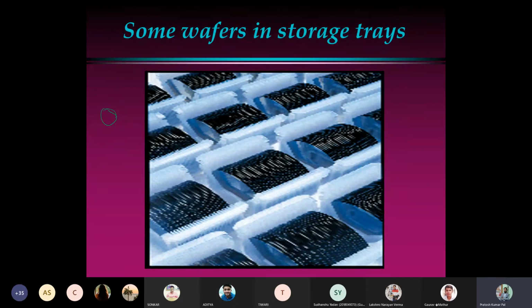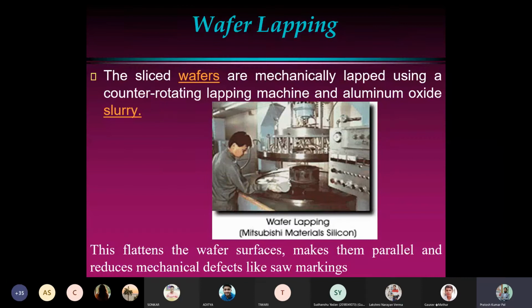One of the steps is wafer lapping. In the wafer lapping process, suppose an ingot is there, a cylindrical structure, and we have cut a wafer from it by using a diamond saw, a blade-like structure pointed with diamond.